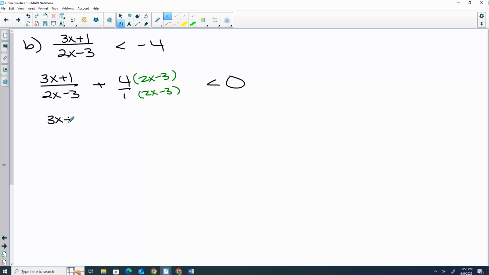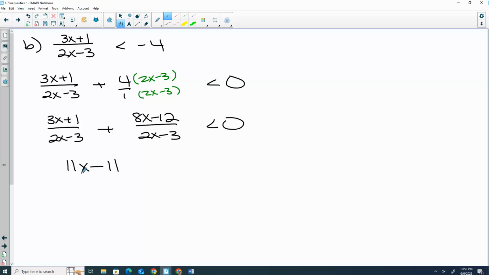So we get 3x plus 1 plus 8x minus 12 over 2x minus 3. Add like terms. So I get 11x minus 11 over 2x minus 3.